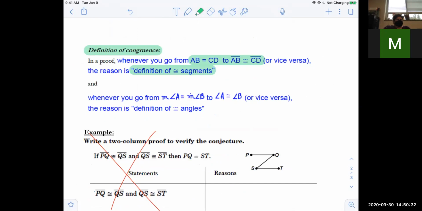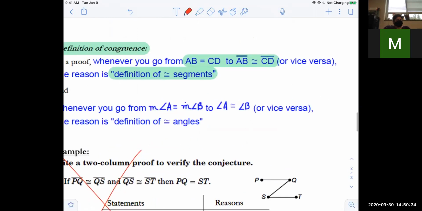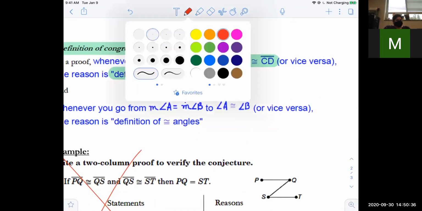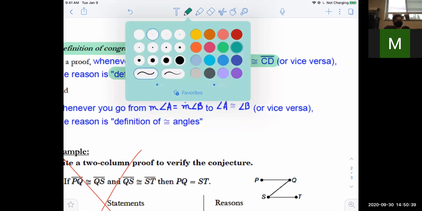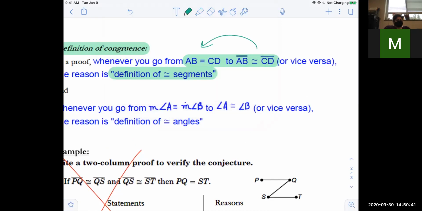Or vice versa, it could go either way. If you've got a step that says the segments are congruent, and then it goes backwards and says that the lengths are equal, that's definition of congruent segments. Same thing for angles. If it switches between the measures are equal and the angles are congruent, or vice versa, that's definition of congruent angles.